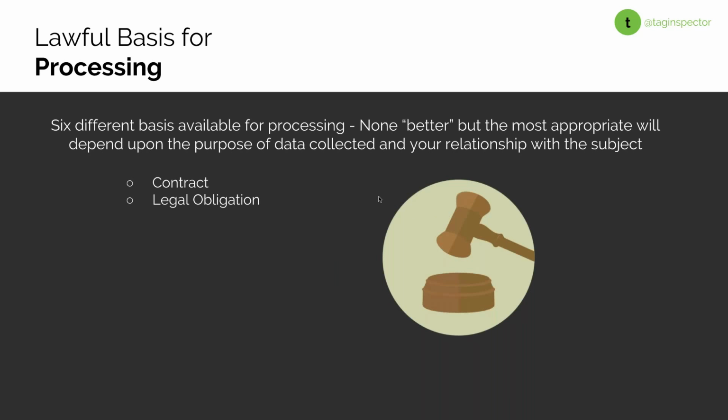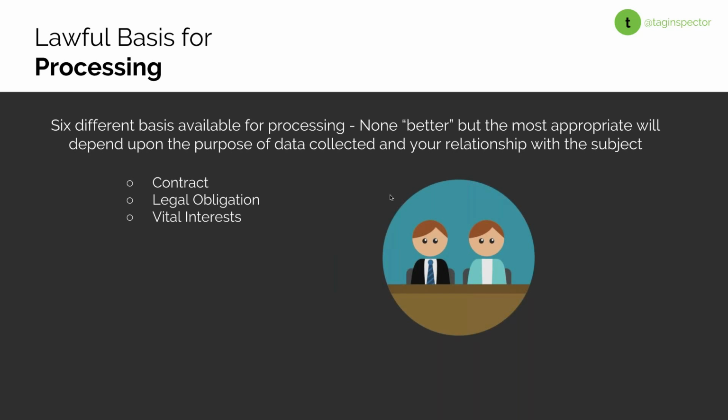Second basis is a legal obligation. You can rely on this lawful basis if you need to process the personal data in order to be able to comply with a common law or statutory obligation. So if you, as the controller, have some sort of a legal obligation for which you need to collect personal data, that would be a lawful basis for that processing.